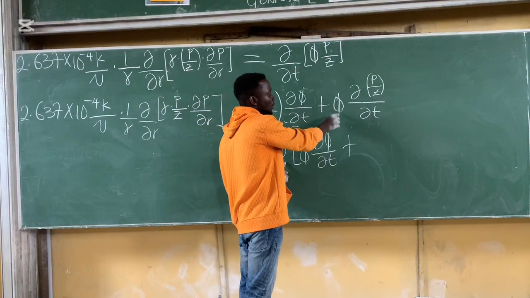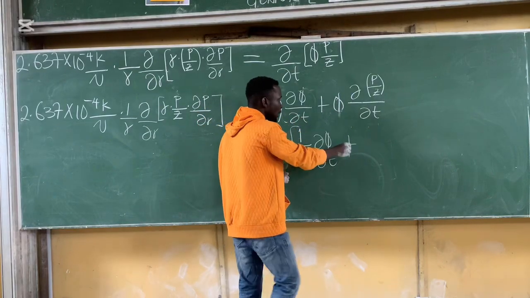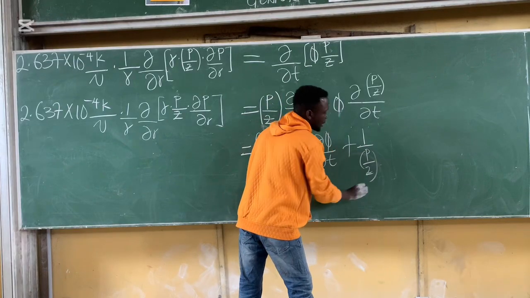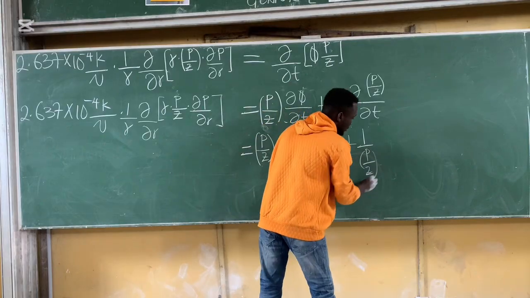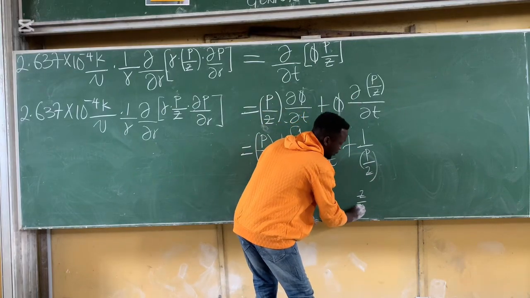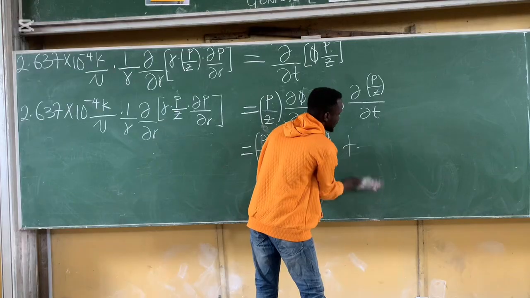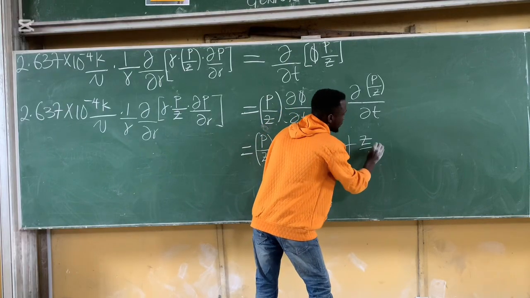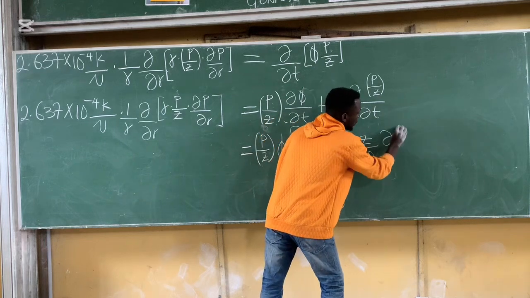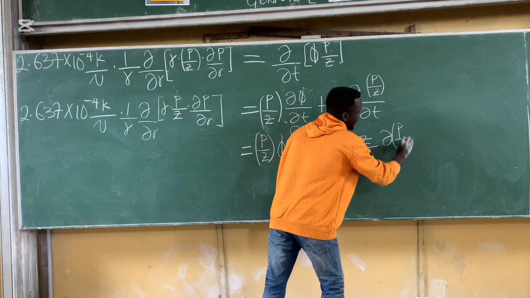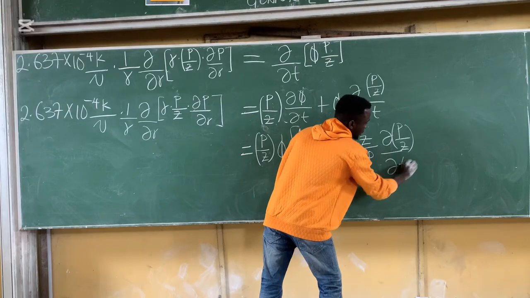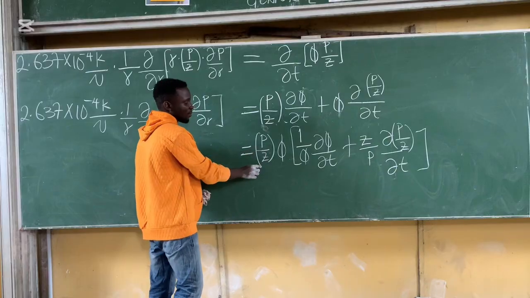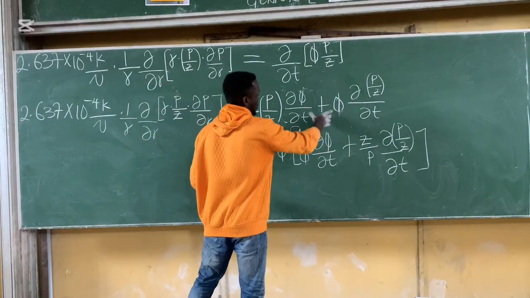If you want to factor out P all over Z from here, you are going to have 1 all over P over Z. But 1 all over P over Z is still the same thing as Z all over P. So we can simply say that this thing is the same thing as Z all over P into d of P all over Z divided by dt. So we are going to have this expression. Factor out P over Z and phi, and we have this expression from here.